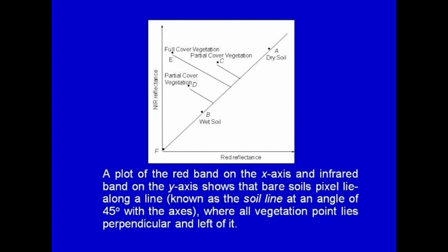In a plot of the red band on the x axis and the infrared band on the y axis, the bare pixels lie along a line known as the soil line at an angle of 45 degrees to the respective axes, where all vegetation points lie perpendicular and to the left of it.